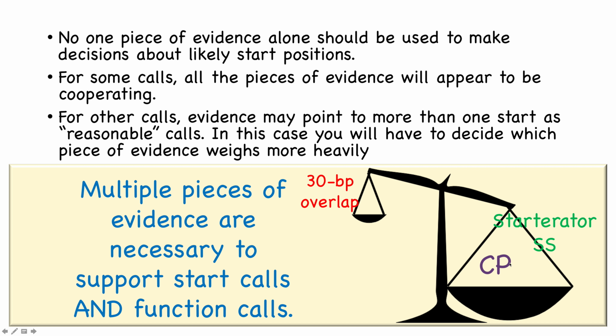So we might have a start that includes all the coding potential, is the most annotated start in Starterator, and maybe it has the best Shine-Dalgarno sequence score. But it also might create a 30 base pair overlap, which is less favorable. But all these things, and maybe all these things outweigh the fact that it creates the less favorable 30 base pair overlap.